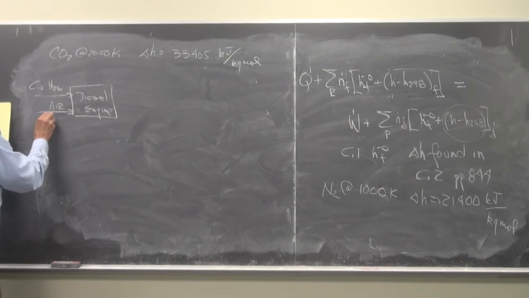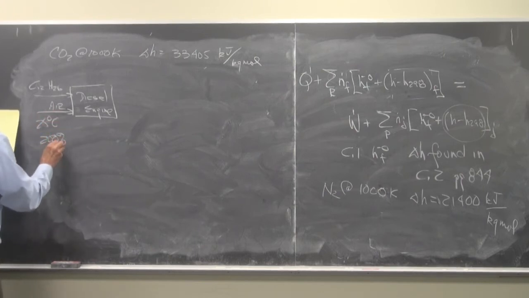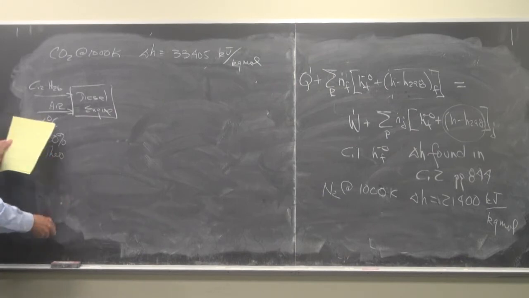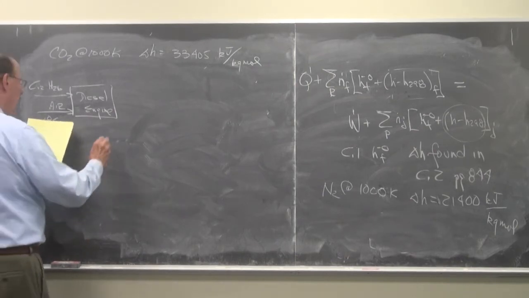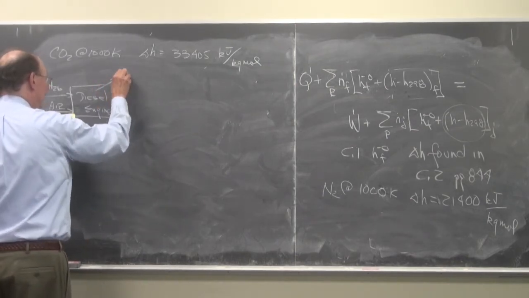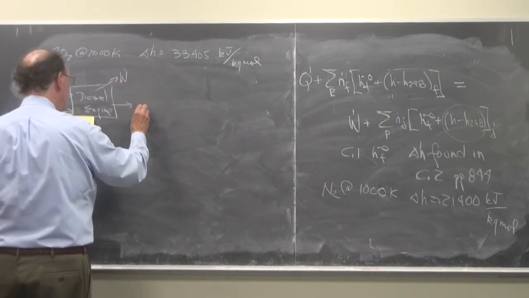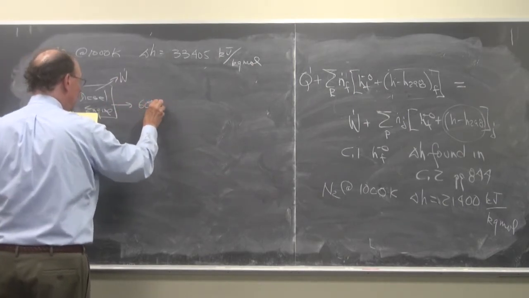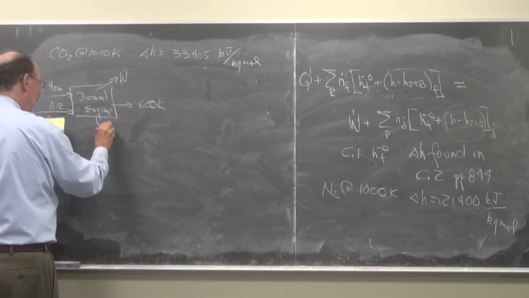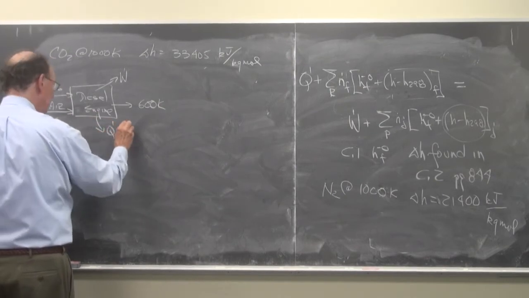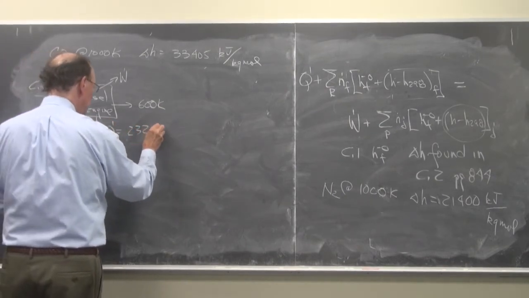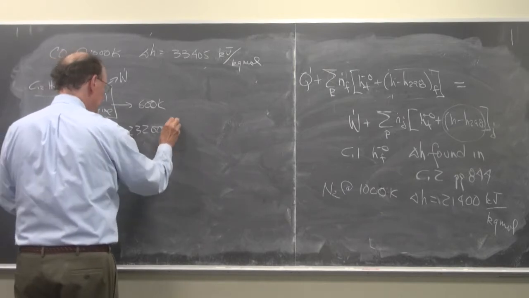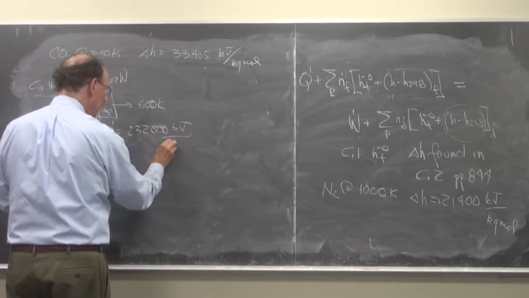These are at 25 degrees C, 200% theoretical air. We are going to want to find the power. The products leave at 600 K, and Q dot is equal to 232,000 kilojoules per kilogram mole of fuel.